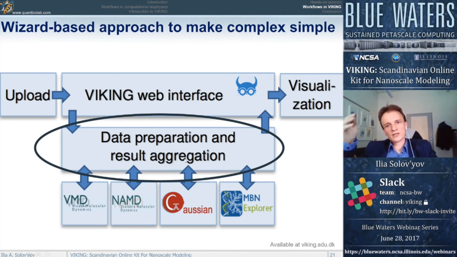As you've seen through the wizard, the questions that you answer are quite simple. You provide information about temperature, you provide information about pressure, and you maybe specify the type of solvent that you would like to use. But of course, when you run simulations, for instance with NAMD, there are also a lot of other things that you need to take into account, a lot of technical, algorithm-related issues that have to be solved.